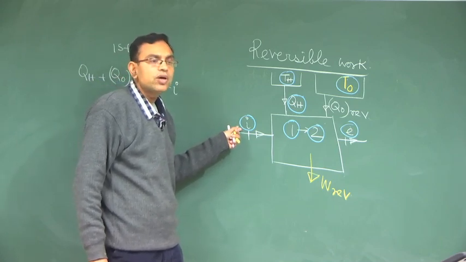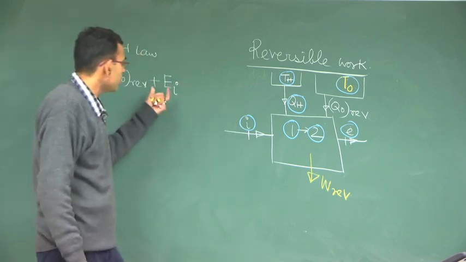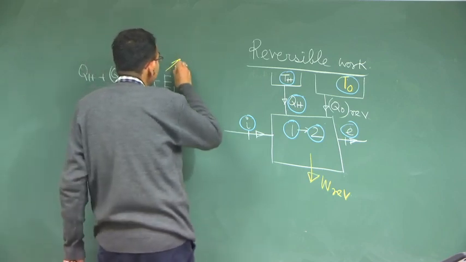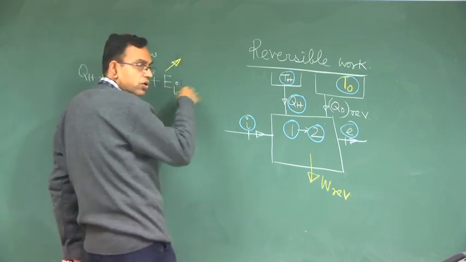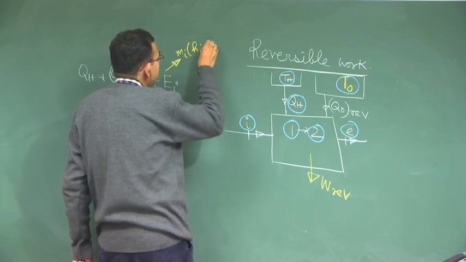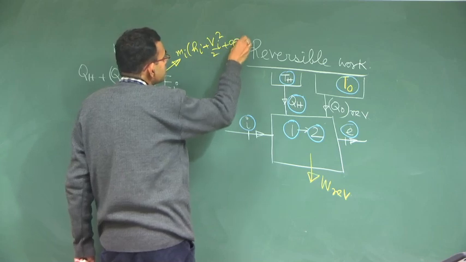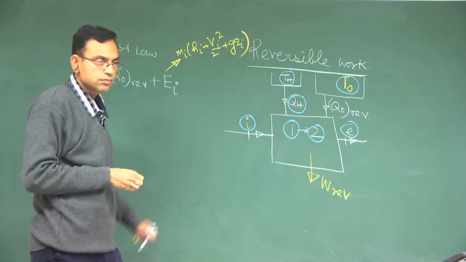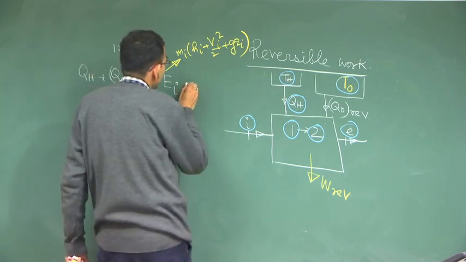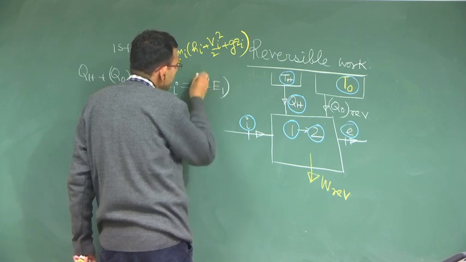Mi into Hi plus Vi square by 2 plus Gzi. In short form we are writing this in this way. Just for the first time I am writing this; next time onwards I will not write this. So, this is Mi into Hi plus Vi square by 2 plus Gzi. This is equal to E2 minus E1 within the control volume.